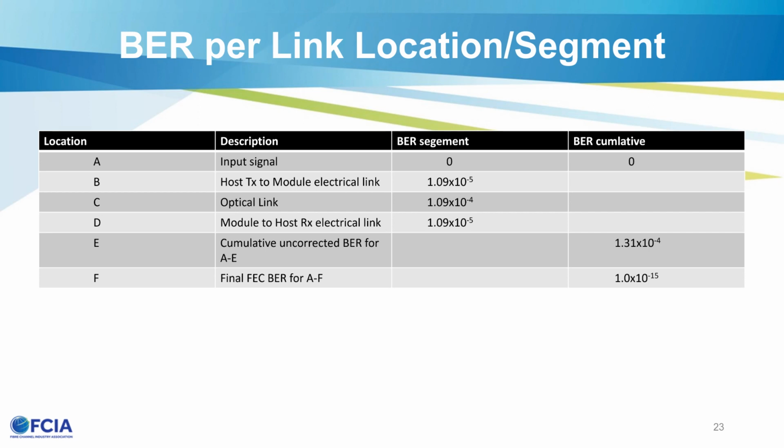They cumulatively put them together and say, before you start using the FEC to correct the code words, starting with an uncorrected cumulative bit error rate of about 1.3 times 10 to the minus 4, you should be able to have a final FEC-corrected bit error rate of much better than 1 times 10 to the minus 15.